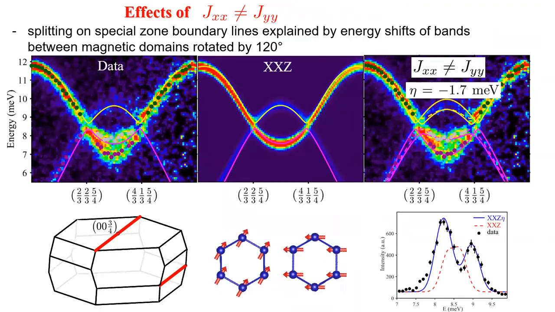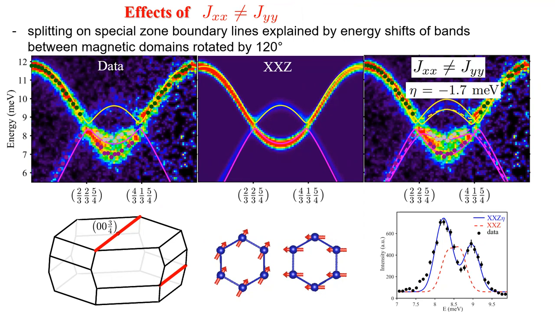Looking now at other fine structural details, as I mentioned before, there are special directions on the boundary where we clearly see experimental splitting that cannot be explained by assuming XXZ anisotropy.